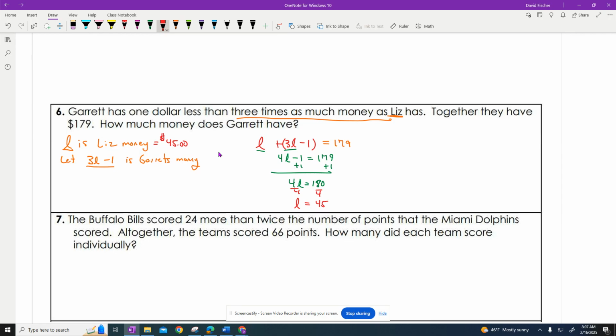It's money now, so put a dollar sign. $45, and now if I take that, I'm going to put the 45 right there for the L, and multiplication happens before addition and subtraction, so I'm going to take 45 times 3. And I'm going to minus 1. And that means Garrett got $134. That 4 is a little nasty there.